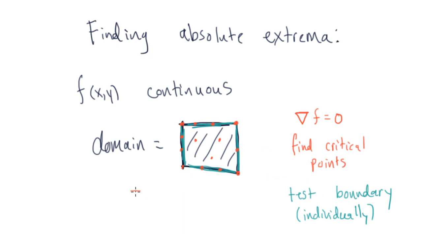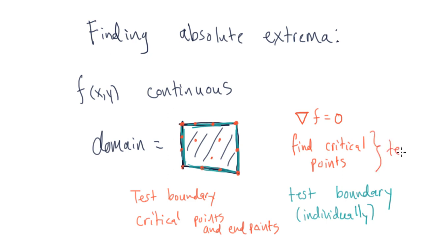So I test the boundary critical points by plugging them into the function, as well as the endpoints. So I want to test these points, and then the boundary critical points and the boundary endpoints.